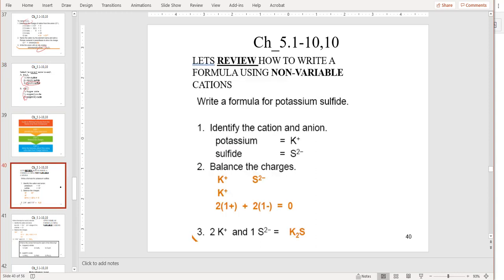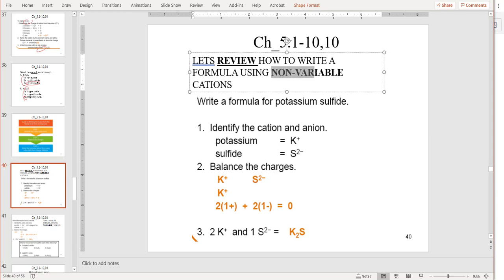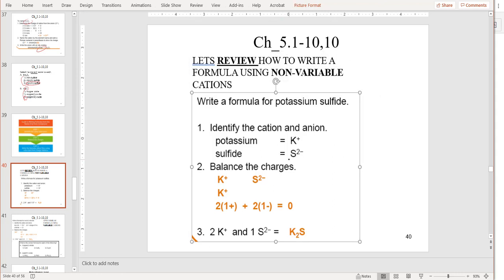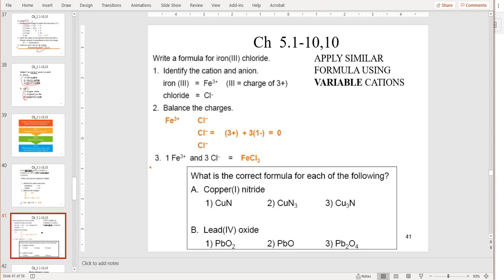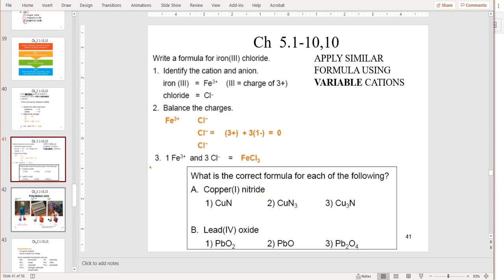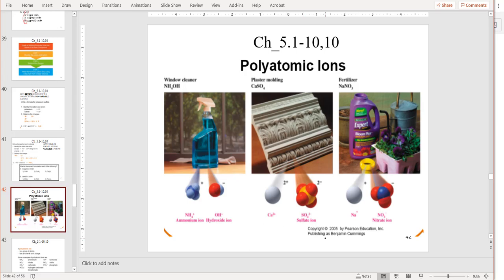So we've talked about non-variable cations, or single charge cations, like representative elements, potassium, for example. We talked about variables. And now we're going to get into polyatomic ions.